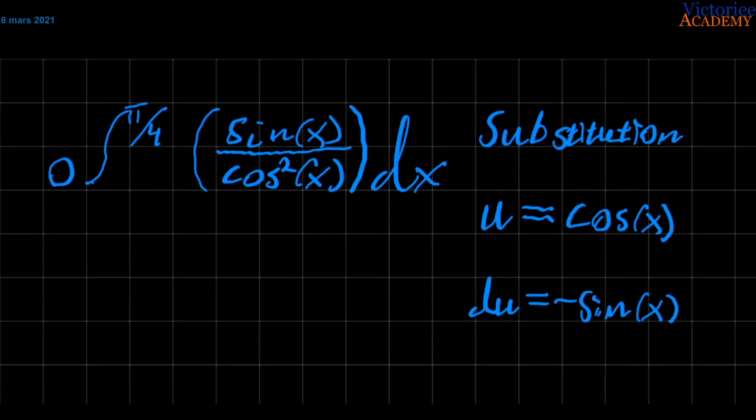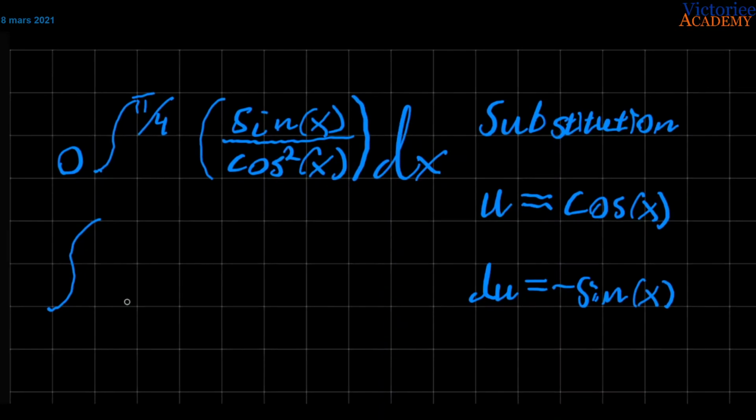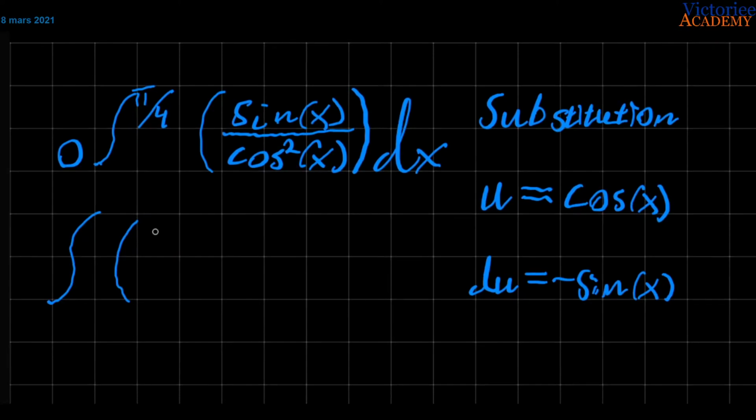integration. So if we use the substitution to rewrite this integral, I'm going to use an indefinite integral here. Obviously we get 1 over u squared. That's the same as 1 over cosine squared, like this here.